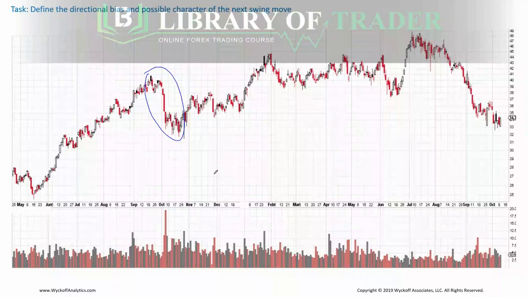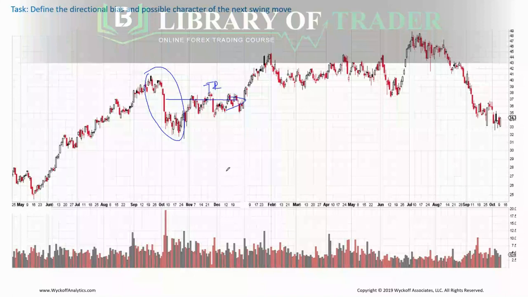Well, it definitely seems like a change of behavior, which is suggestive of a trading range. Yeah. But we want to gauge, if this is a change of character and it goes into a trading range, does it look still bullish or bearish?